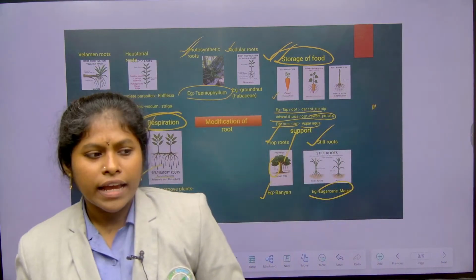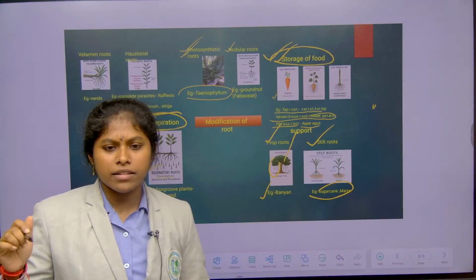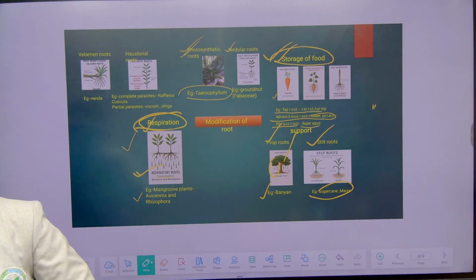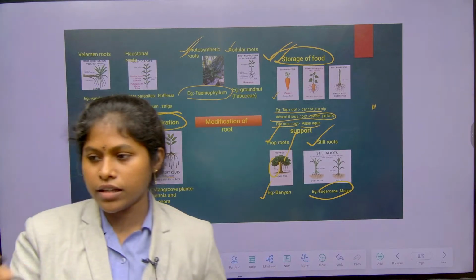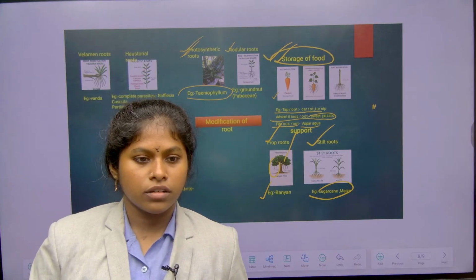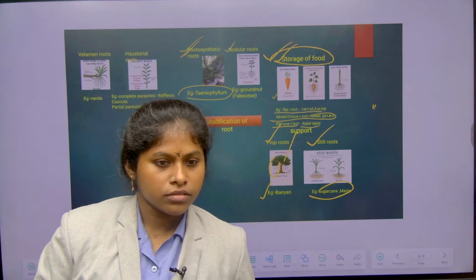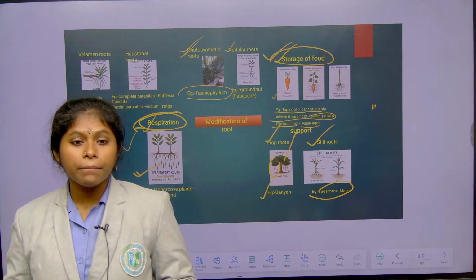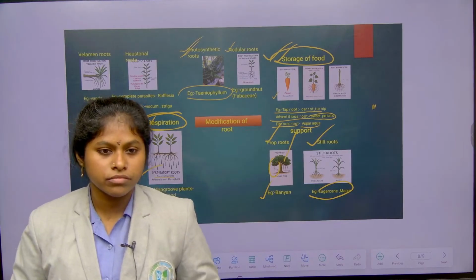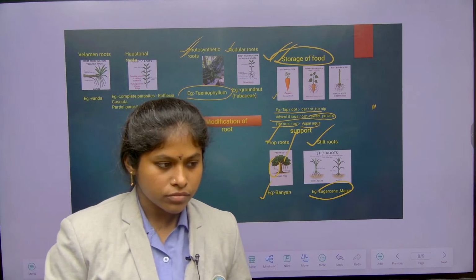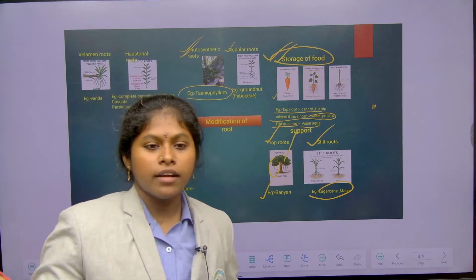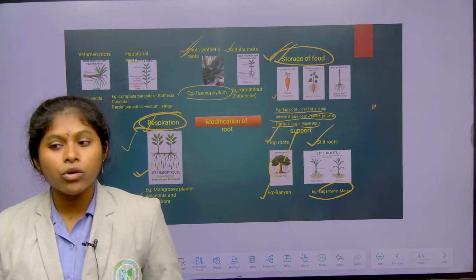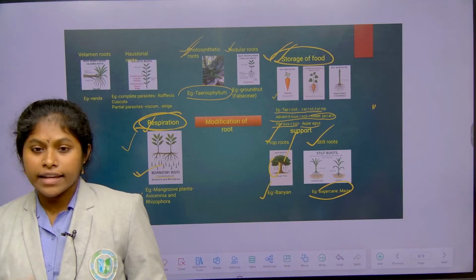Nitrogen fixation. Is nitrogen required by the plants? For what purpose? Tell me, do we need nitrogen? So how are we taking the nitrogen? See, in the atmosphere almost 78% nitrogen is present, but we don't have the mechanism to take it directly as nitrogen.